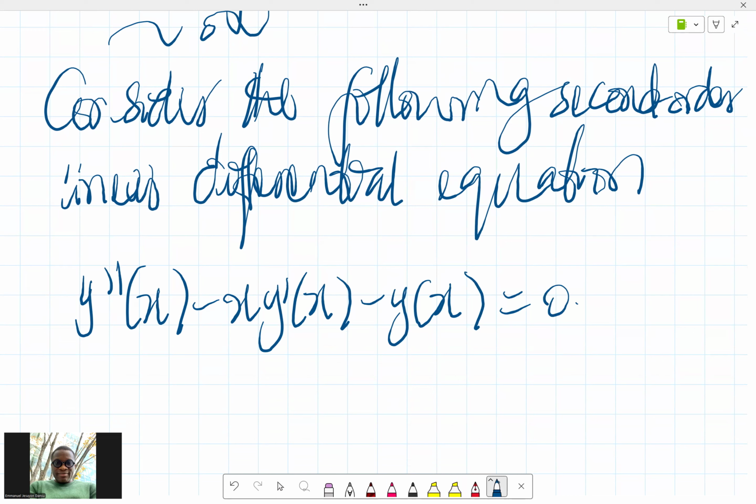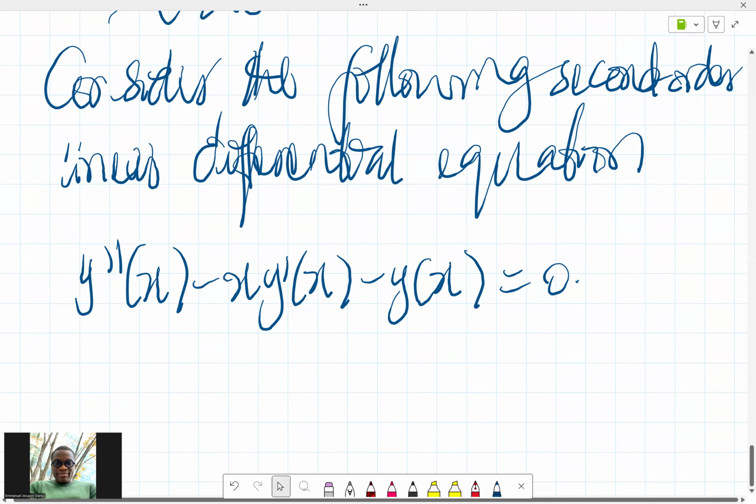Now, one reason why you need a series solution is because of this coefficient x. It's a variable coefficient. If you have constant coefficients, then normally you use the characteristic equation. But in this case, you have a variable coefficient on one of the terms, so you need a series solution, and you have to consider whether it is an ordinary point or a singular point.